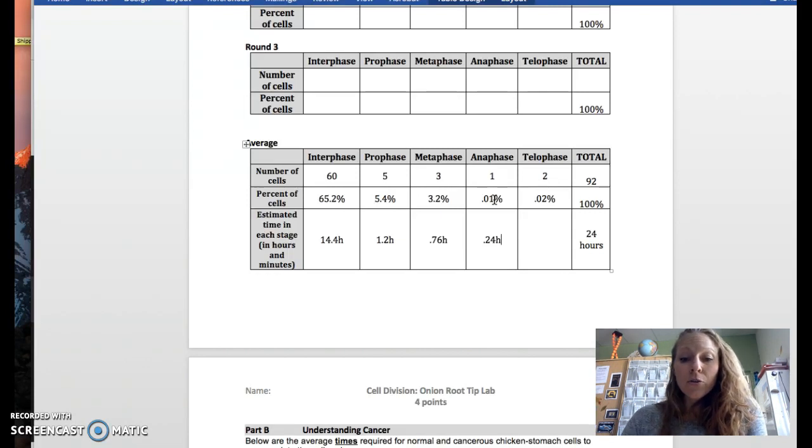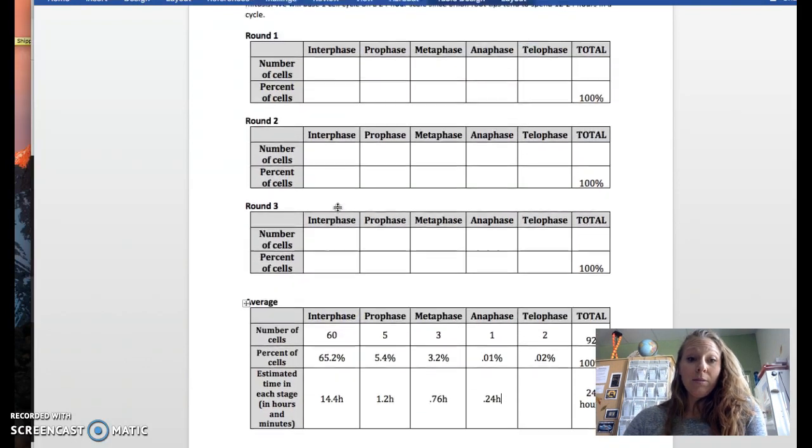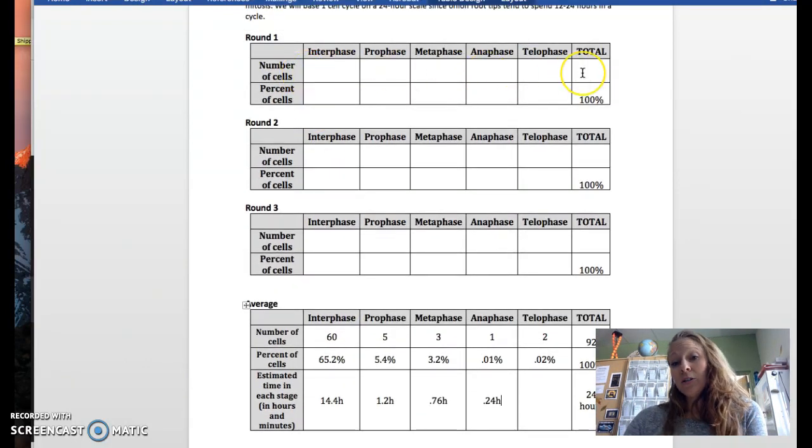And then you're going to do that 3 times here. So how much time in each phase round 1, round 2, and round 3.